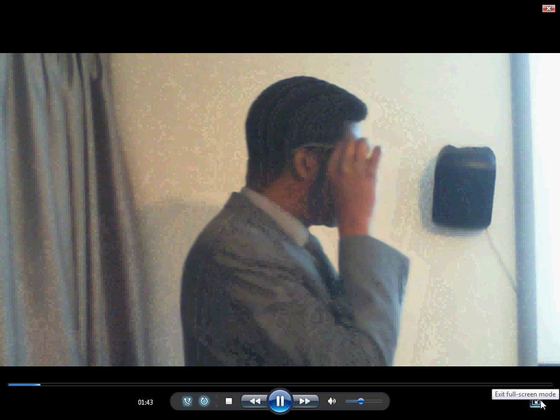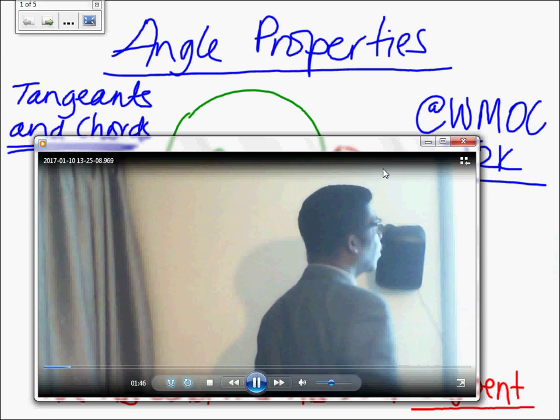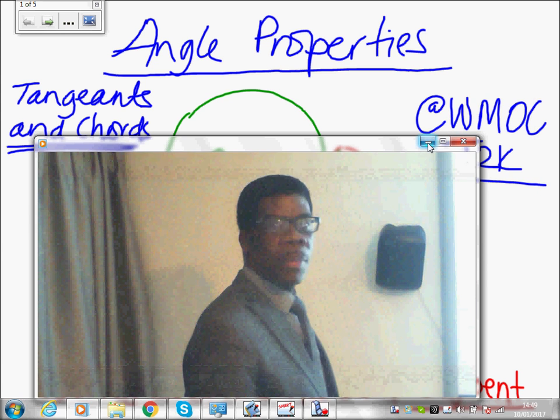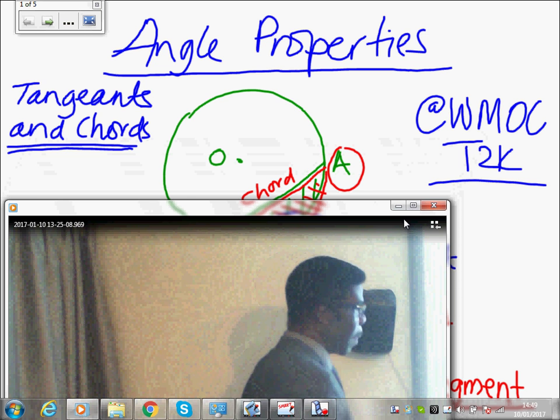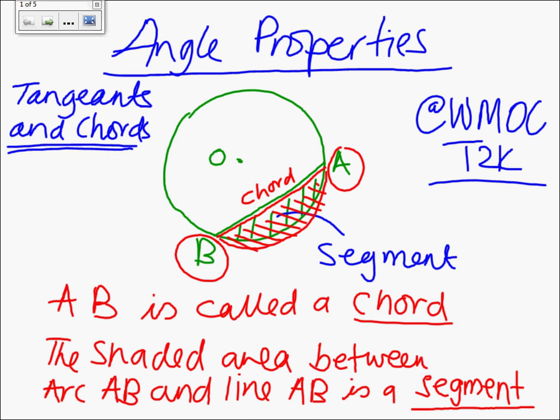So the angle properties, we have tangents and chords. If you have a circle, as shown on the board, with the center O, and on the circumference, points A and B, the line that joins point A and B is called a chord.